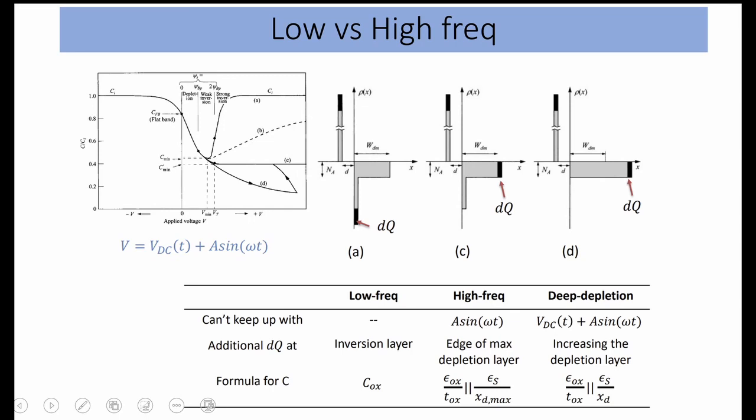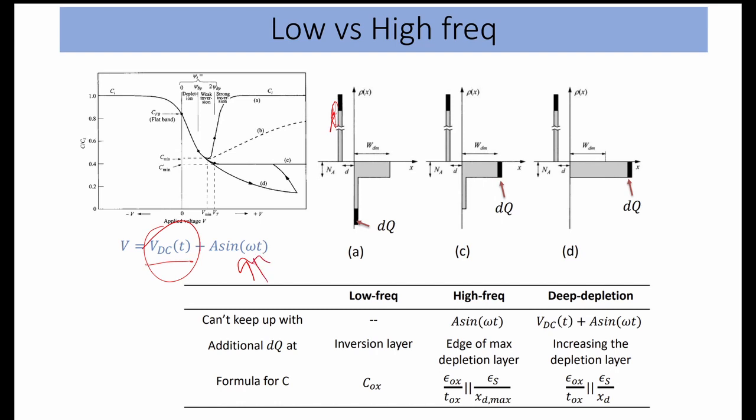Here we can see, as we apply this small signal over the DC voltage, there is a voltage applied across the metal and the semiconductor, and there is an oxide layer in between them. At the metal interface, the charge is increasing and decreasing because of this sinusoidal wave.